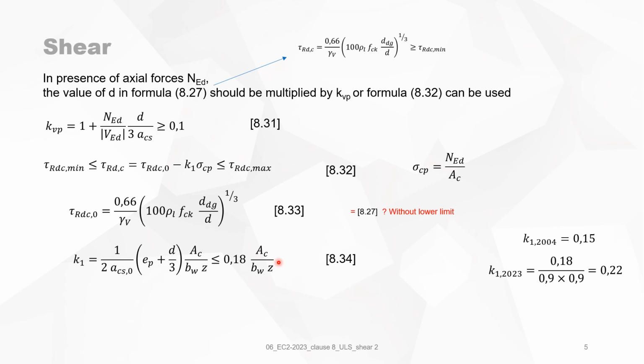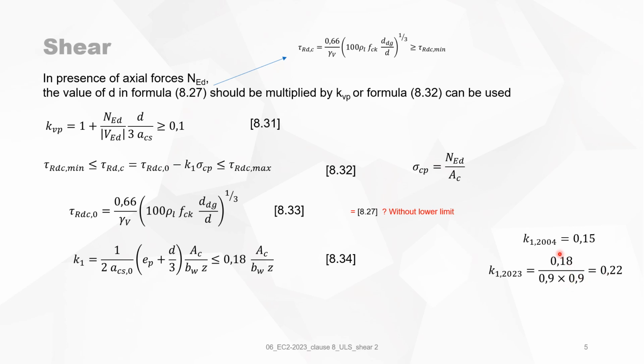You can say that the effective depth is 0.9 times the depth of the beam. Then you got the B, you can scrap it. So you can see then that's 0.18 divided by 0.9, because Z is 0.9D times 0.9 gives you 0.22.